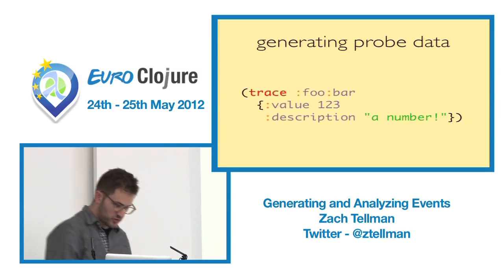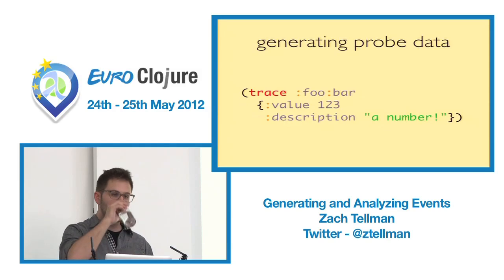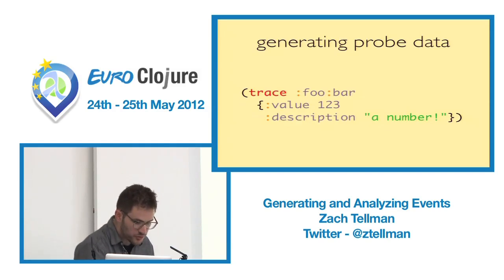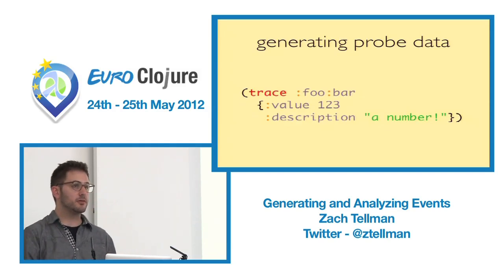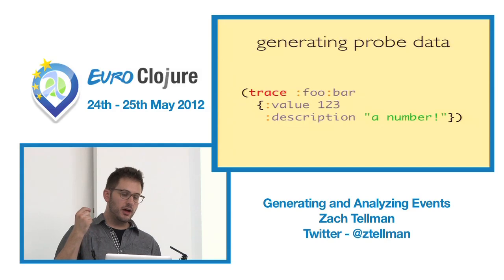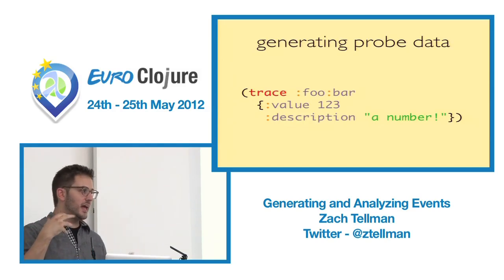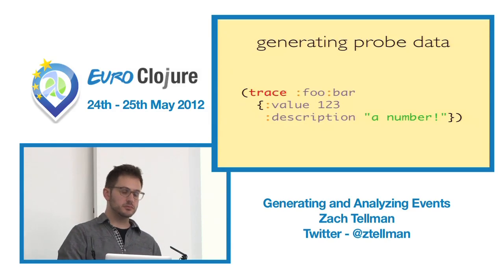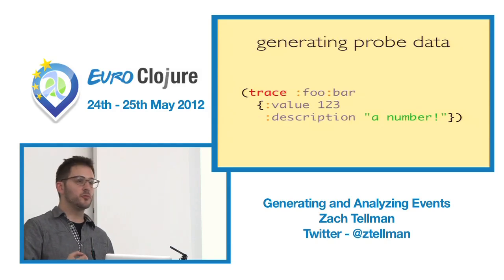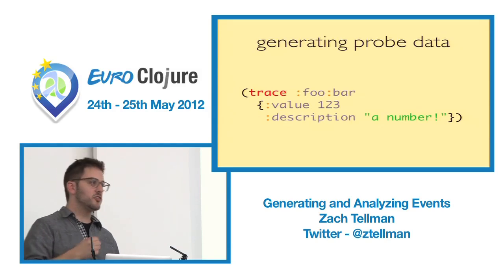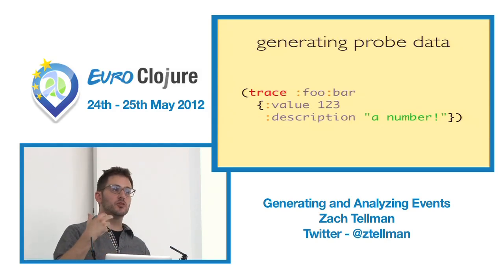To put a message into a probe channel, we use a trace macro. And the trace macro takes a name, in this case, foo::bar, and has a body, which will return an expression. And if and only if there is something currently consuming a probe channel, will this body be evaluated? The cost of having a trace statement for something which we do not currently care about is effectively nil.